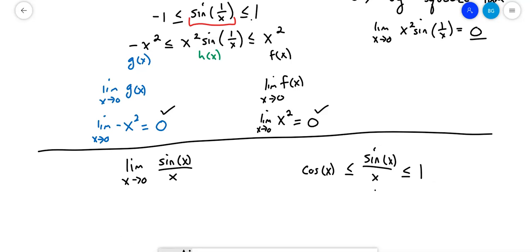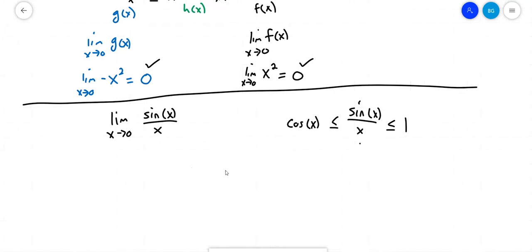And so if we know that relationship, and again, you can derive that with some unit circle geometry, then we could take the limit of the cosine as we go towards 0. And again, if you think about your unit circle, as we go towards 0, cosine goes to 0. No, I'm sorry, cosine goes to 1.